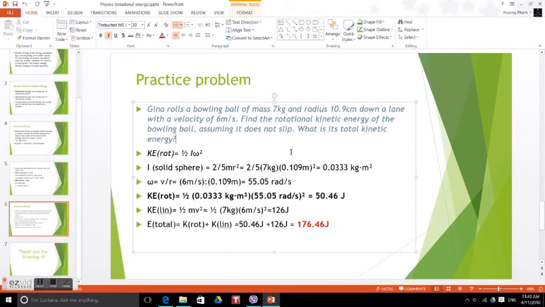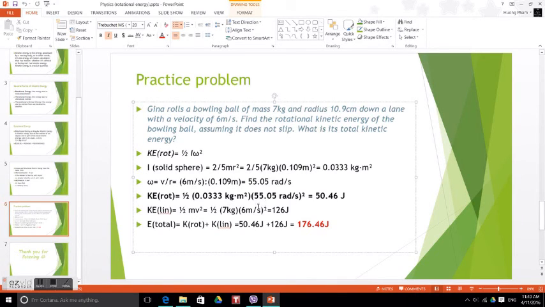We calculate this and we get 55.05 radian per second. Now we can plug in these two to get the rotational kinetic energy, and we get 50.46 joules.